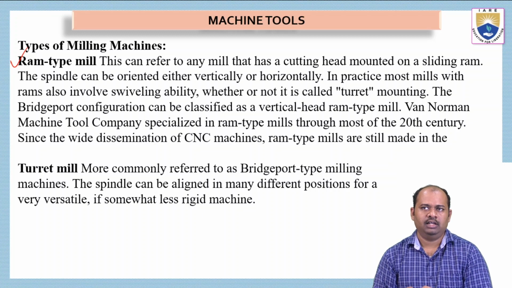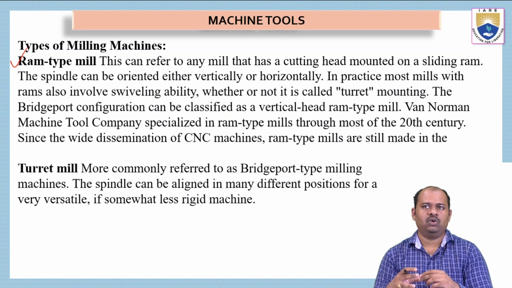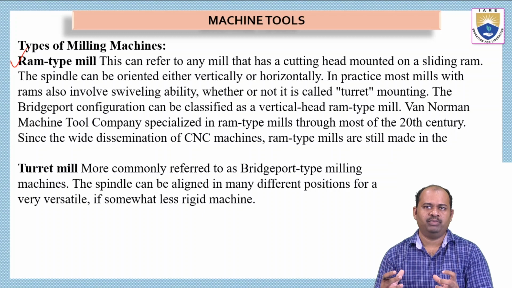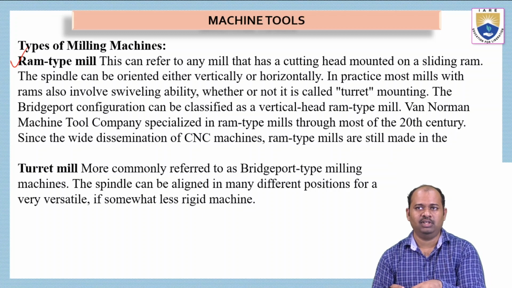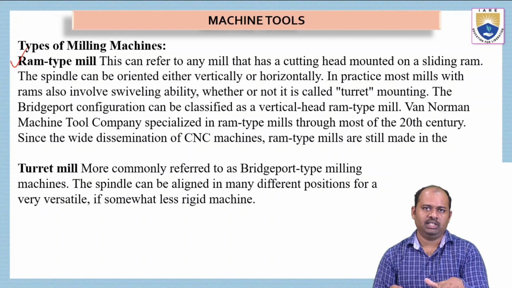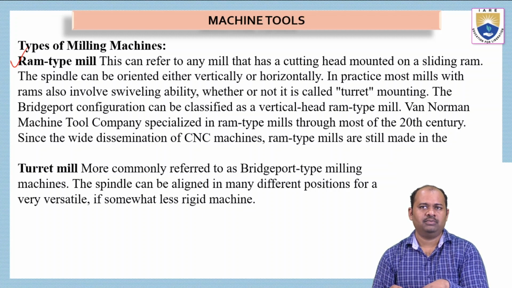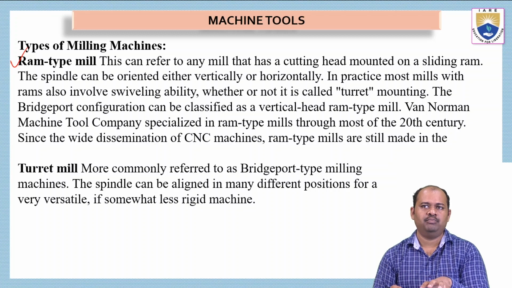Whether or not it is called turret mounting, the Bridgeport configuration can be classified as a vertical head ram type mill. Van Norman Machine Tool Company specialized in this type of mill. They made ram type mills through the 20th century. Even since the wide dissemination of CNC machines, ram type mills are still made.